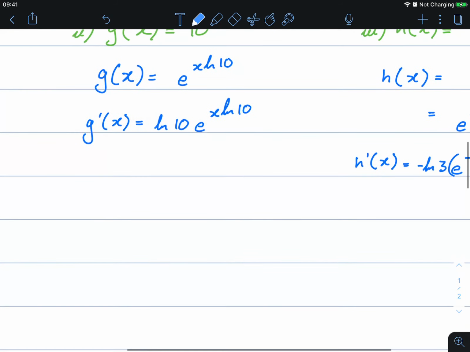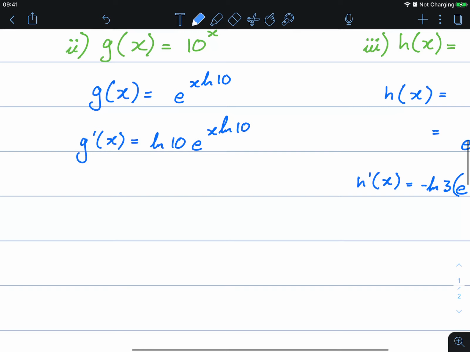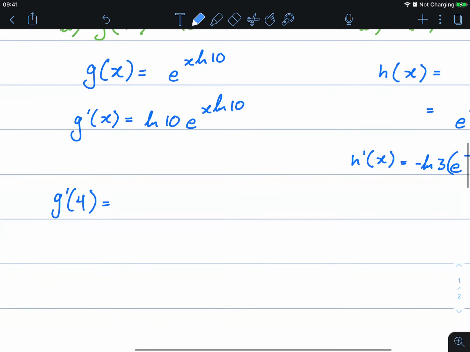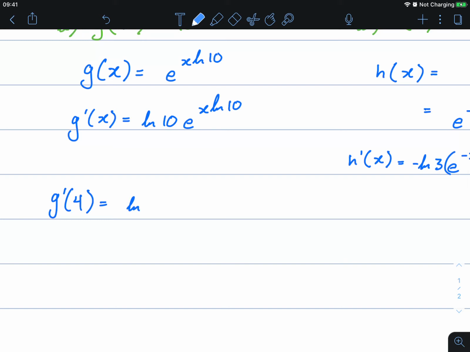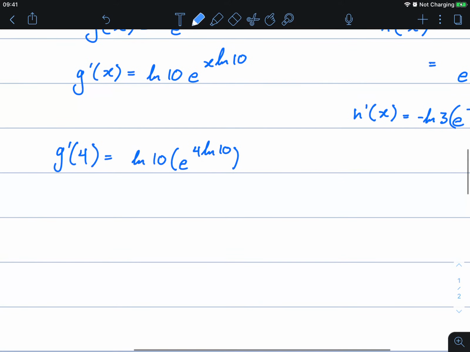Let's do it again here. We want g prime of 4 because we want the gradient of the tangent at x equals 4. Once again, that's ln 10 times e to the power of 4 ln 10.